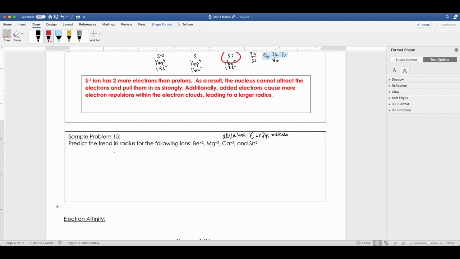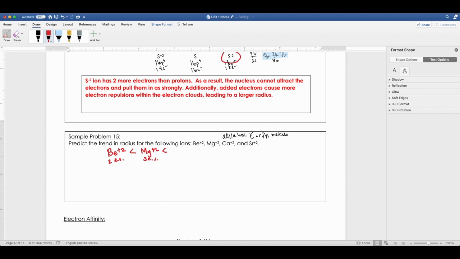It's already in order. Beryllium is going to be the smallest, and that's because it only has 2 energy shells that are around it. I'll put 2ES just to abbreviate right there. The next largest would be the magnesium ion, and the magnesium ion has 3 energy shells that are surrounding it.